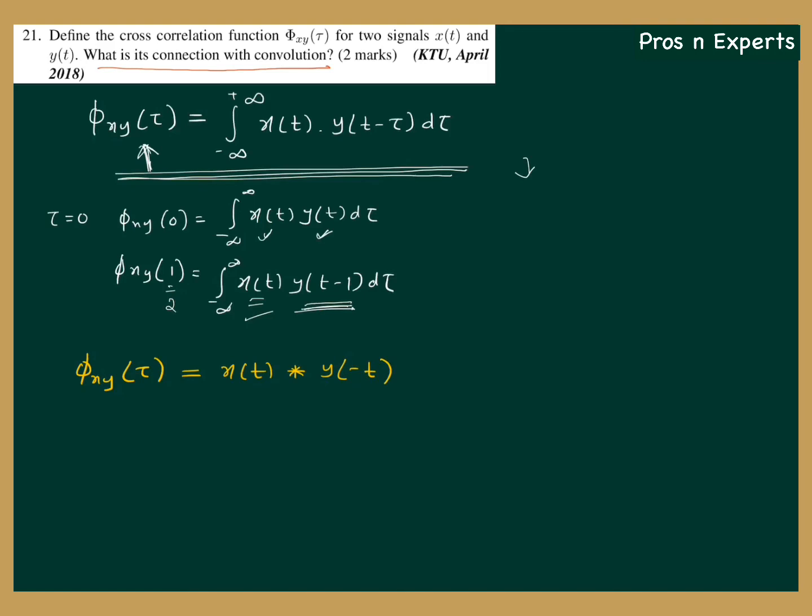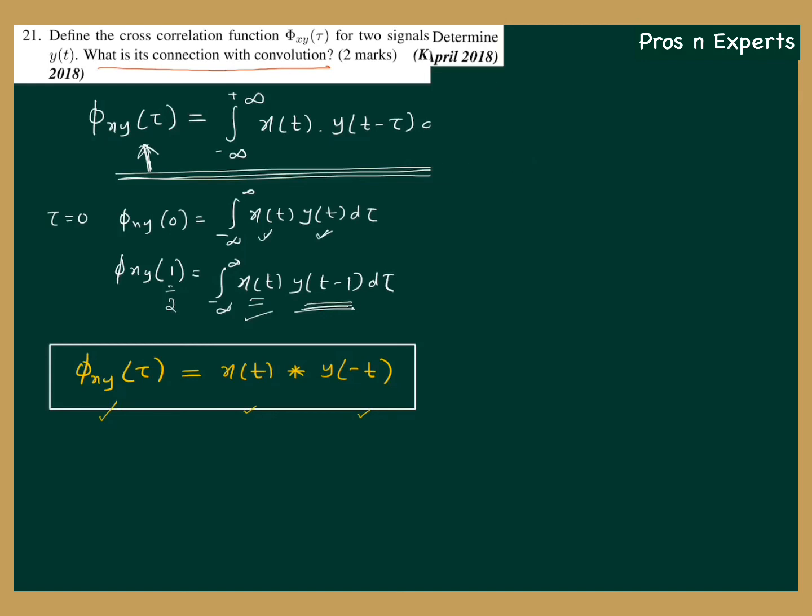This is the very important relation between cross correlation and convolution. So if you convolve x of t and a time folded version of y of t, what you will end up with is cross correlation.